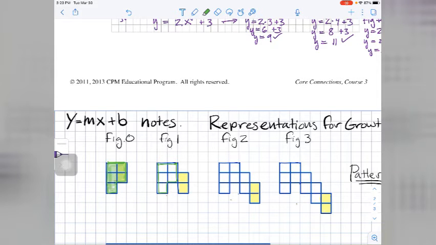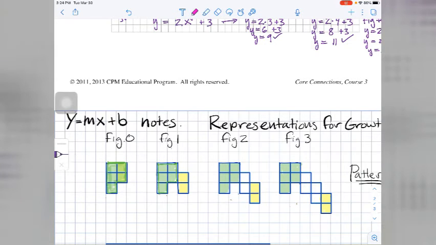These are all my starting tiles. I'm just going to highlight them all. So it's the 5 starting tiles in figures 0, 1, 2, and 3. So what I see is that it's starting with 5 tiles, and it's growing by 2 every time.